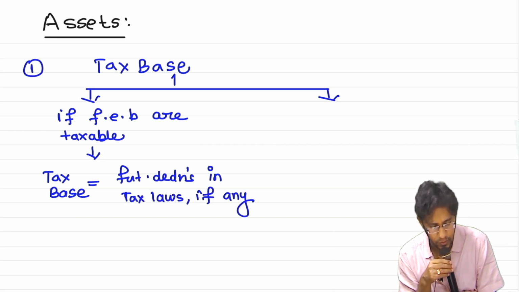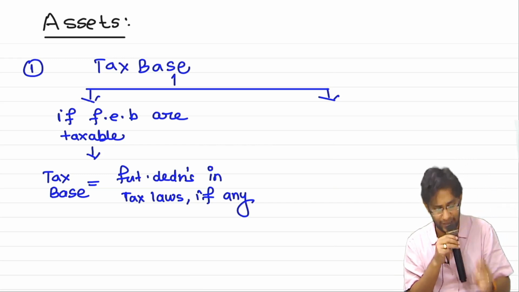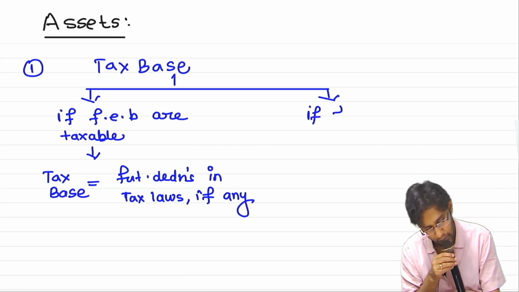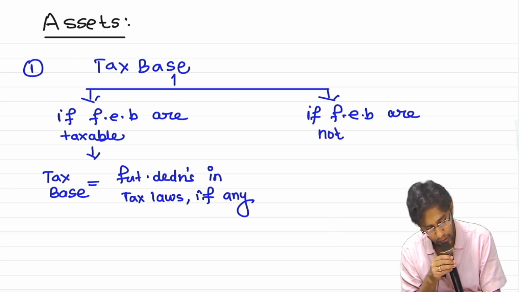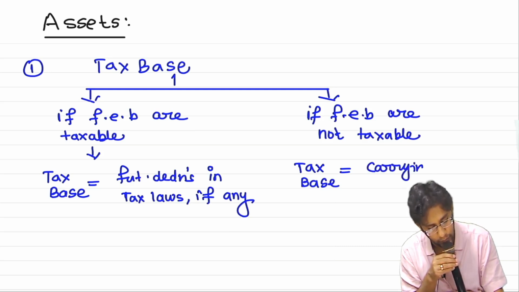Any deductions you are going to get in future must be identified as tax base. If future economic benefits are not taxable, then tax base should be equal to carrying amount.